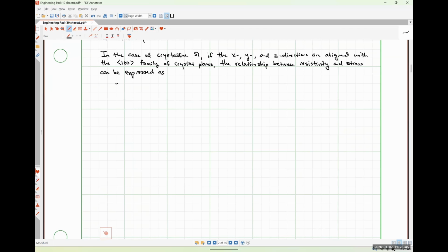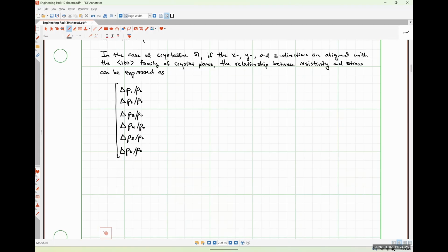So I'm going to draw a matrix here. I'm going to have delta rho 1 over rho naught, delta rho 2 over rho naught, delta rho 3 over rho naught, delta rho 4 over rho naught, delta rho 5 over rho naught, and then lastly down here, delta rho 6 over rho naught.